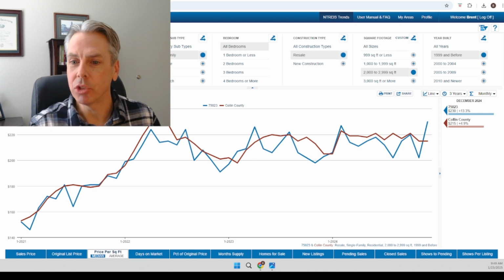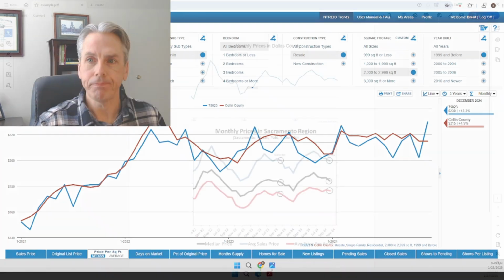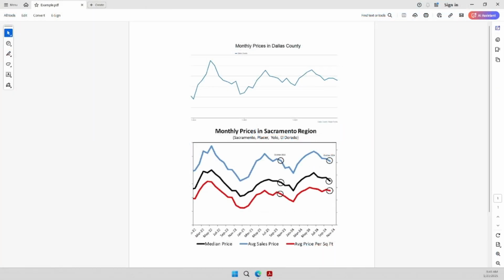And I've got an interesting visual here that I wanted to show you. I just grabbed a couple screenshots. The top one is one I just made tracking monthly prices in Dallas County. The bottom one is an image that Ryan Lundquist had posted in his Sacramento appraisers blog, and he always has fantastic visuals if you ever follow him.